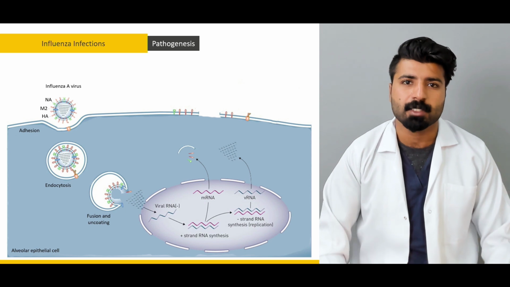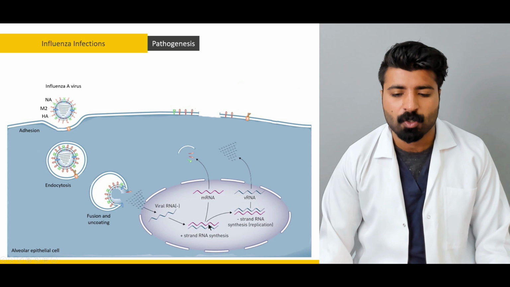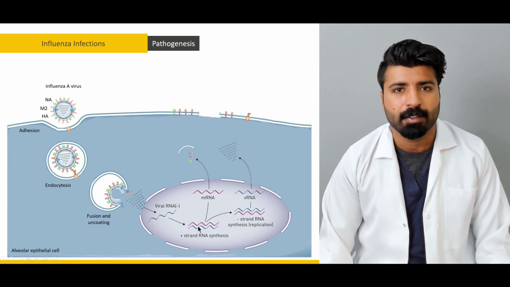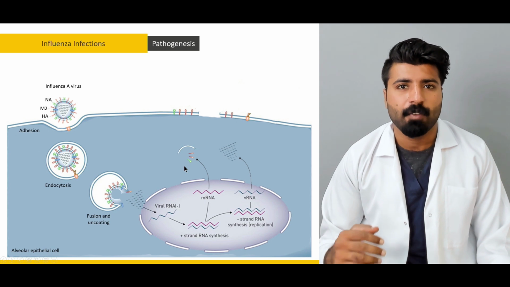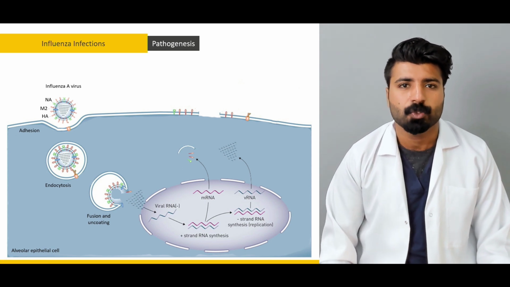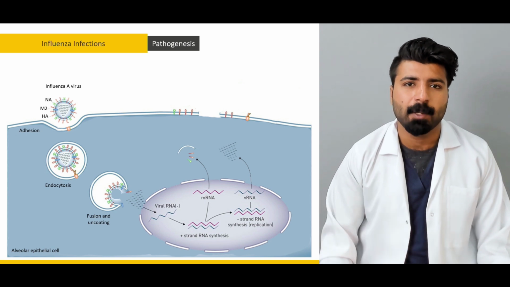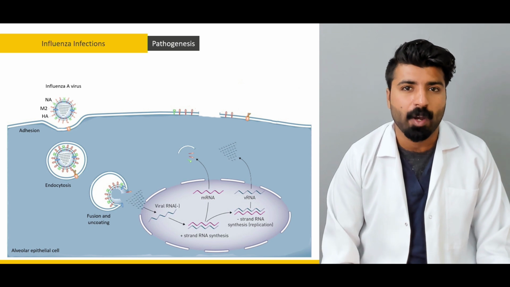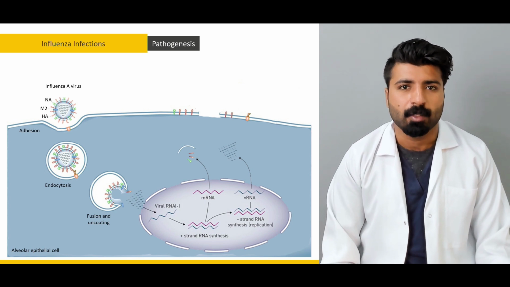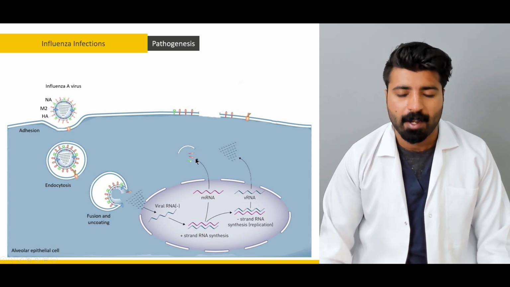Hemagglutinin and neuraminidase, because the core material is already being replicated in the nucleus. We need hemagglutinin and neuraminidase in a much higher amount, so ribosomes will do that function for you and produce those proteins.